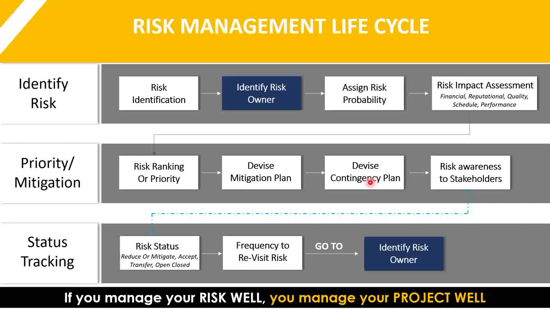Now in creating these mitigation and contingency plans, as a program manager or project manager, it is very important that you are collaborating with all the stakeholders. As I said, there could be different stakeholders: product team, development team, operations team, DevOps team, vendors.